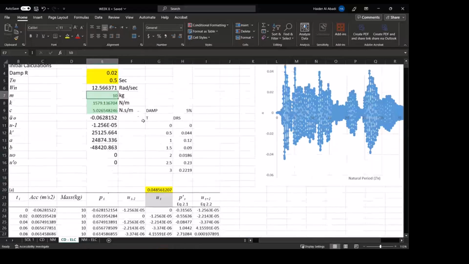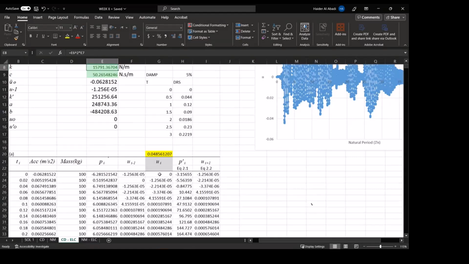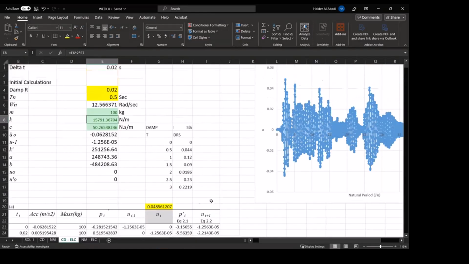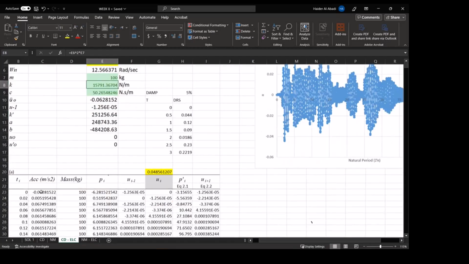As we said, it doesn't matter what we got for the mass, it won't really matter whether you put 100. You will see the calculator is finding other numbers, but when you end up calculating the displacement response, it will stay the same, right? So let me have a look.